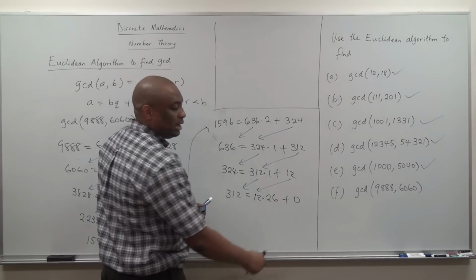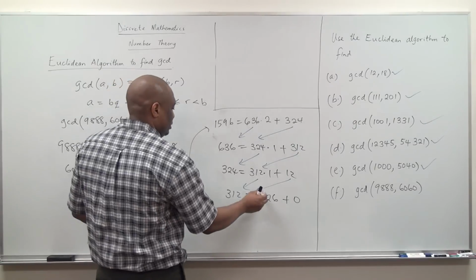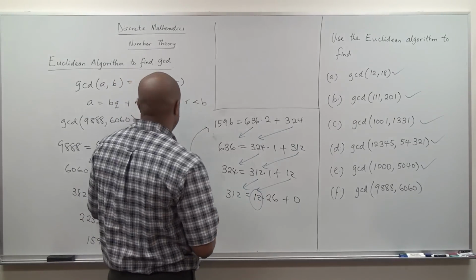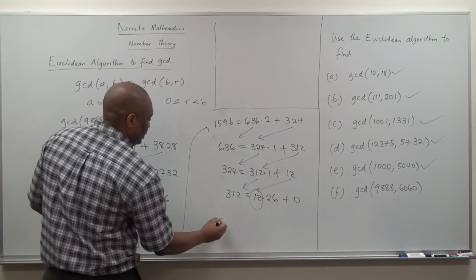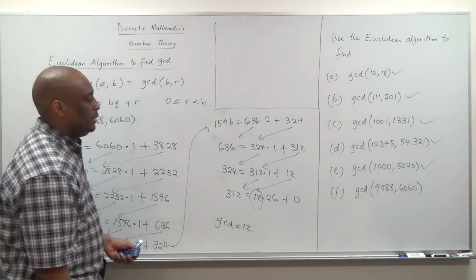So you see 0 is now the remainder, and that divisor there is 12. So your GCD becomes 12.